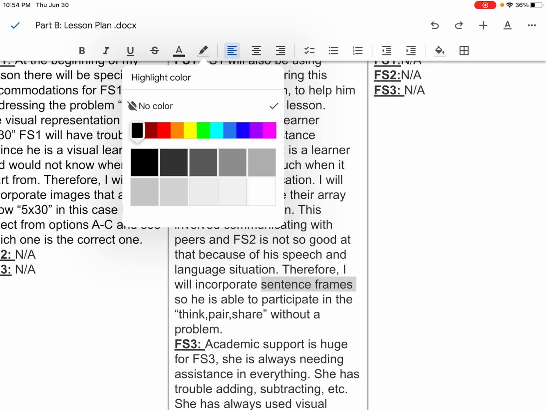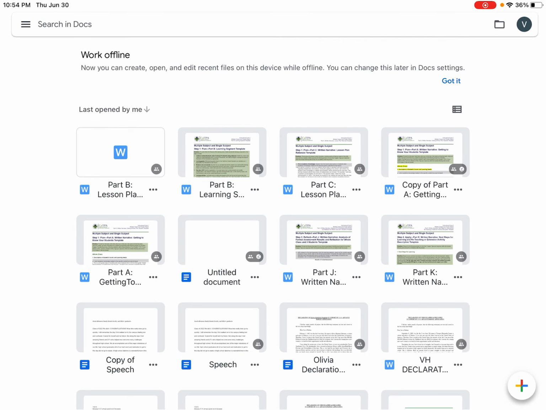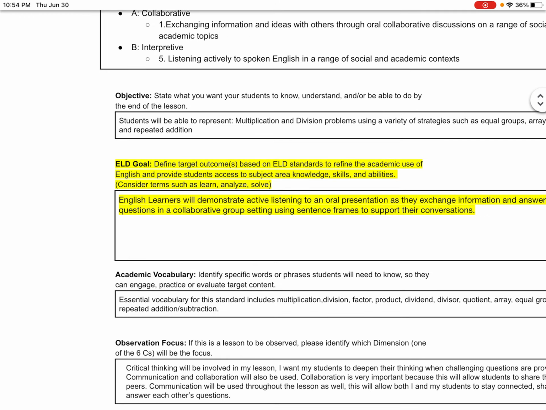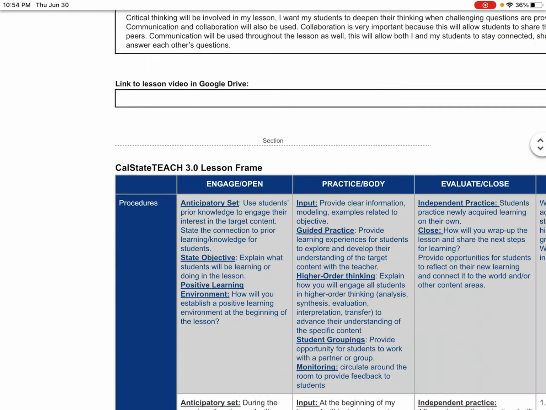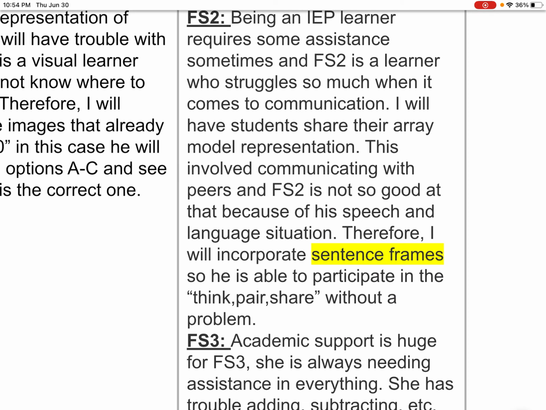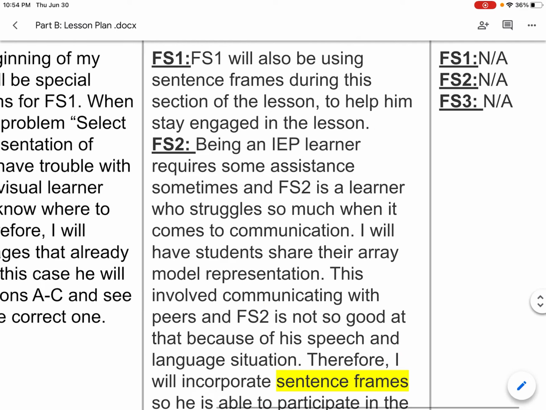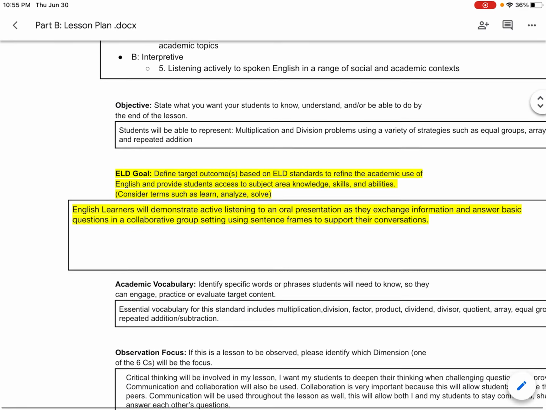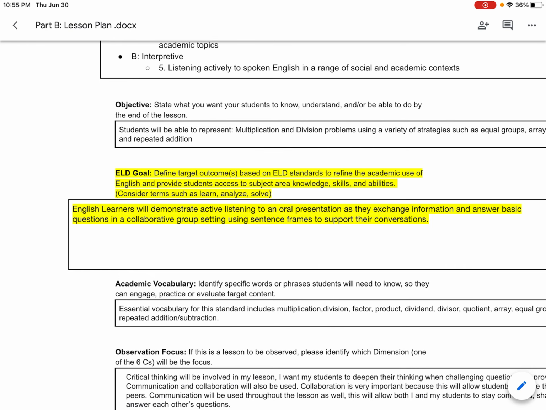As you can see, that's what I showed here in my EOD goal, sentence frames. That is shown down here, sentence frame, and then he is able to participate in the think, pair, and share without a problem. So this student is going to be using sentence frames and collaborating. And this is my EL learner.